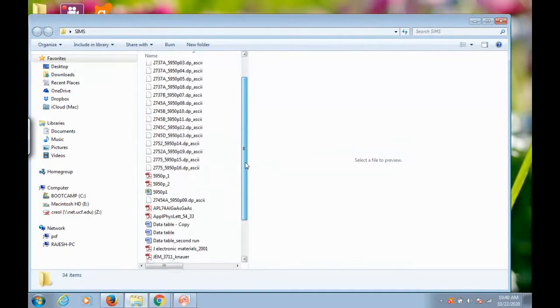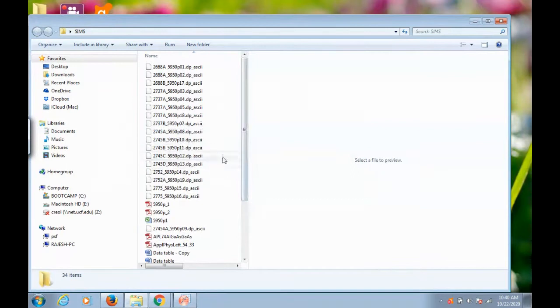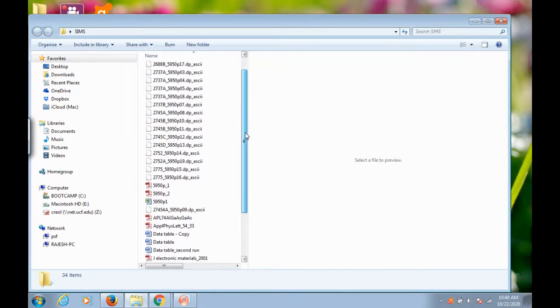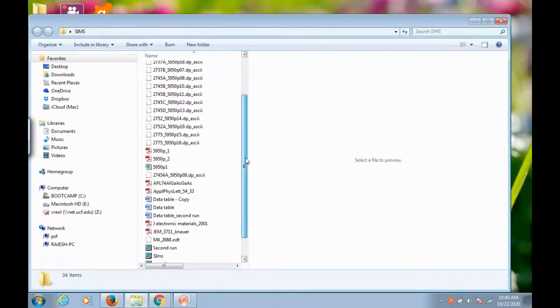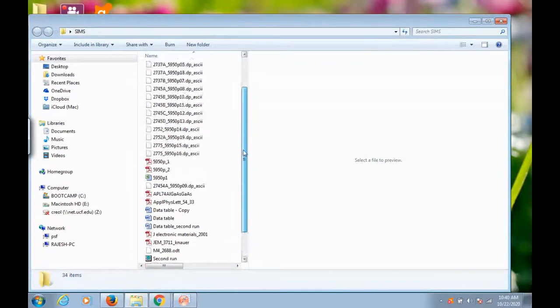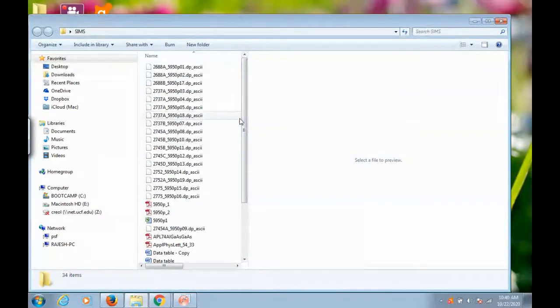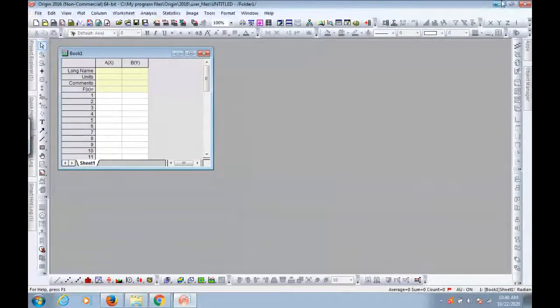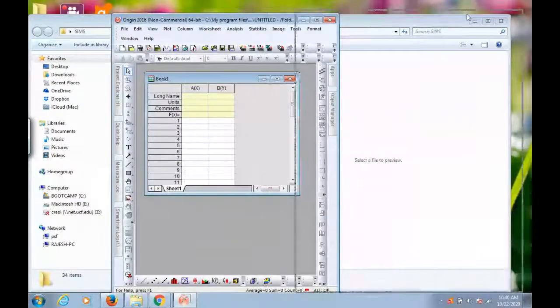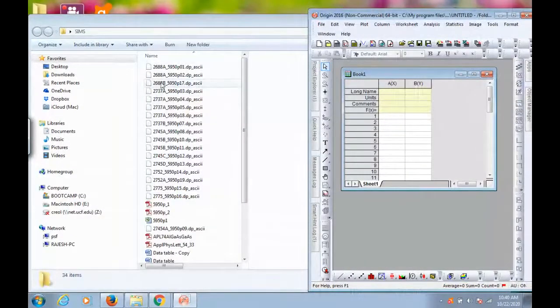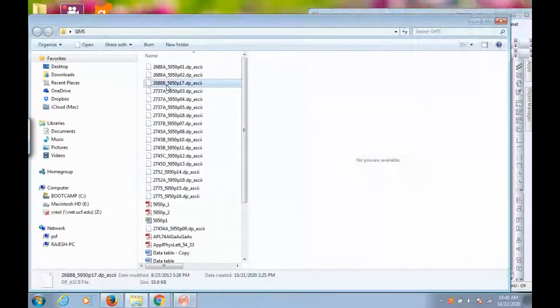So in case of the Origin Lab program, if you are familiar with this one, let me have some data for you. Let's say that if you have any file which I would like to put it here. I'm putting forward this one of the files to show you the data.